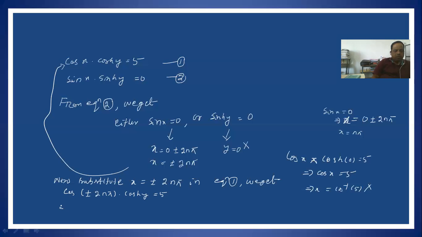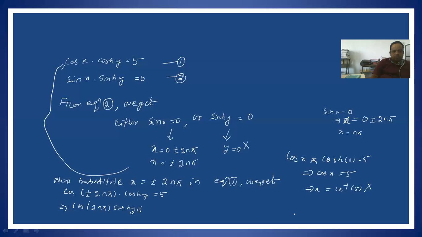This value is the same as cos of 2n pi, because cos of minus theta is cos theta. So this gives cos of 2n pi into cos hyperbolic y equal to 5.